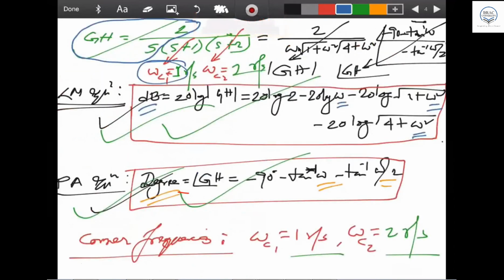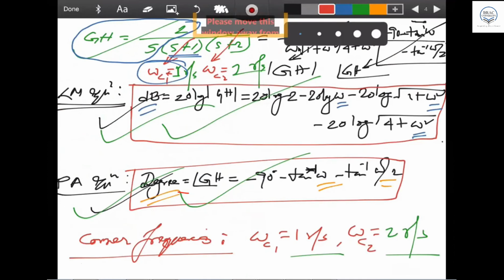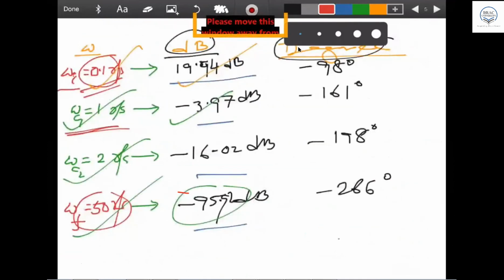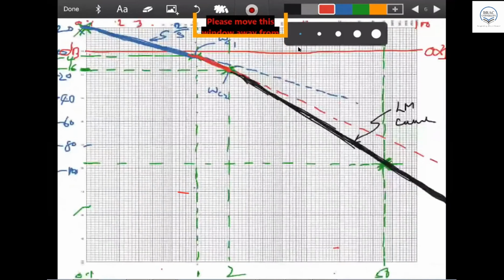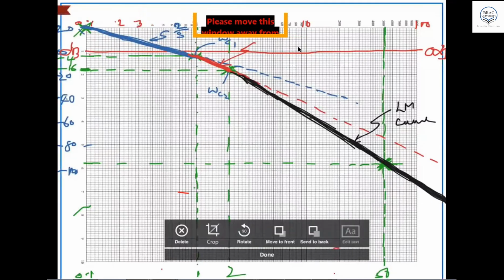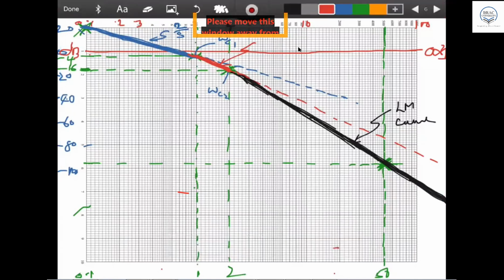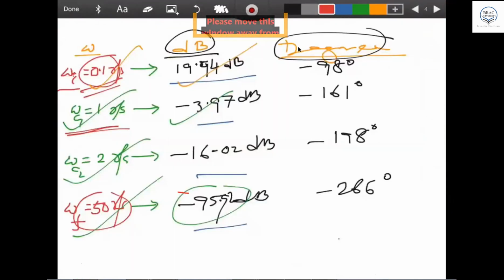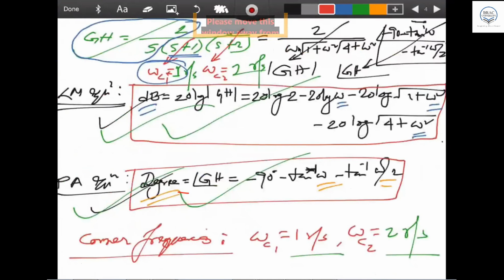And from the first corner frequency, which is coming from s plus 1, the next curve will be the red one. What is the red segment I'm talking about? The red curve will be from the first corner frequency. What is included? We have to look into that. The first corner frequency is coming from this.